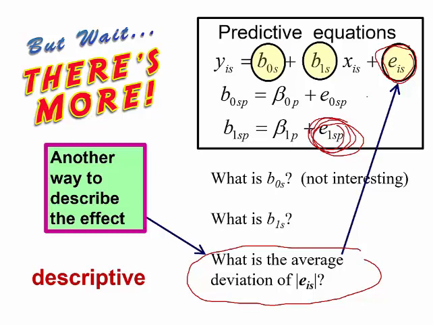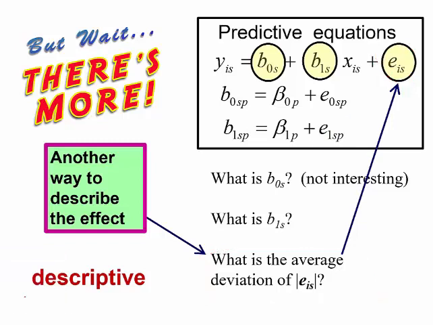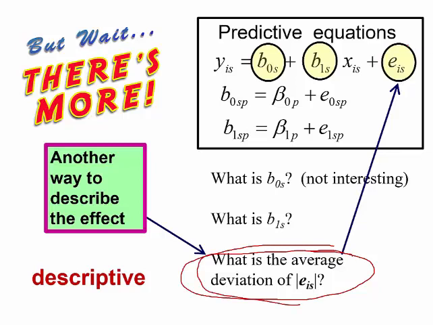We've talked about the average deviations for both types, and they had two different names. So what is the average deviation of these E's? If you recall, this is the standard error of estimate. It tells us the average deviation of the absolute values of the E's in the top equation, E_is, how far individuals deviate from their predicted values.